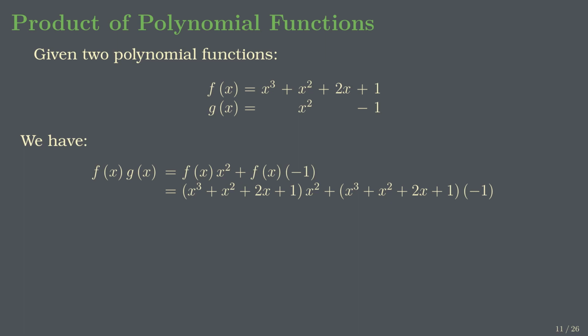So the first thing you compute is the product of f(x) with x squared, meaning that you multiply every coefficient of f(x) by 1, and then after that you shift the power of x by 2 units. Similarly for the multiplication with -1, and then after that you have the sum of two polynomial functions you can easily compute, and the answer now is actually a polynomial function of degree 5.